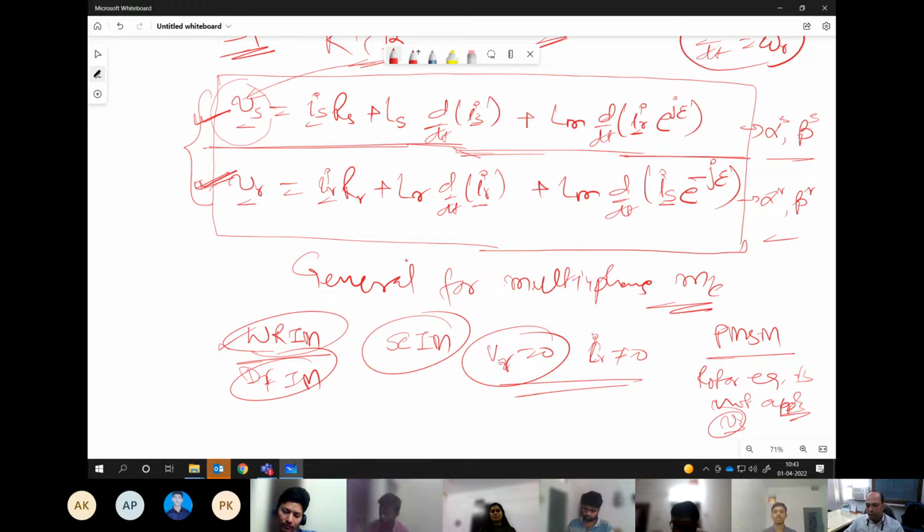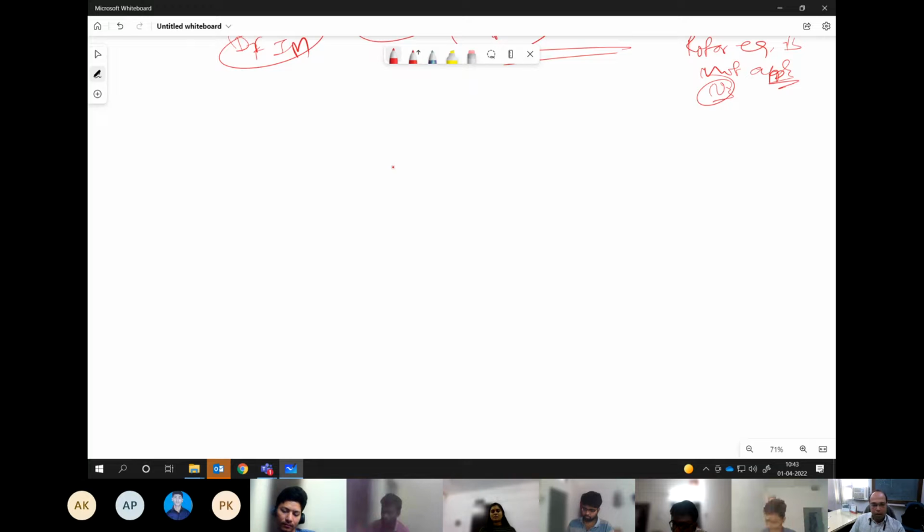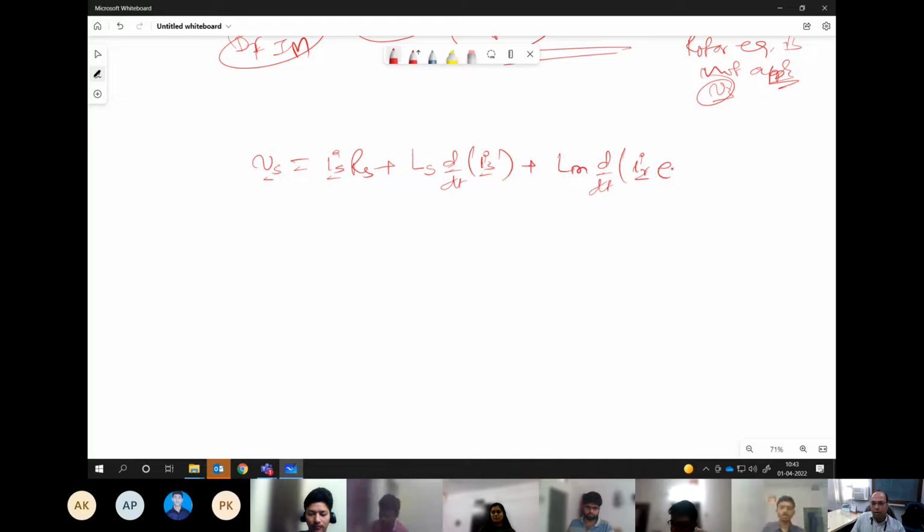But the question comes that when we are going for PMSM, the rotor equation is not applicable. Which means we have only one equation in terms of vector quantities. We have only one equation to deal with, and which is basically this.